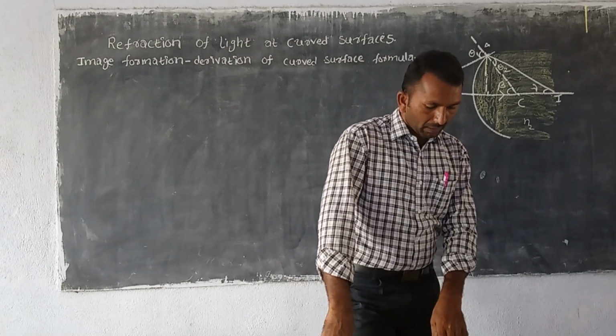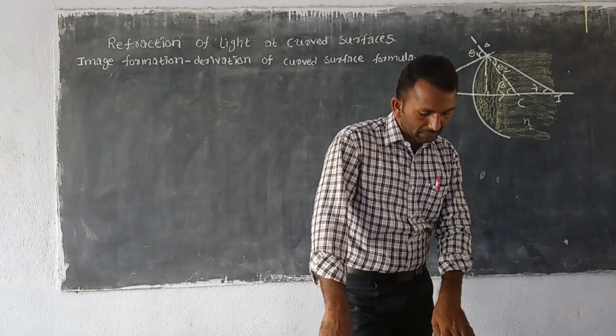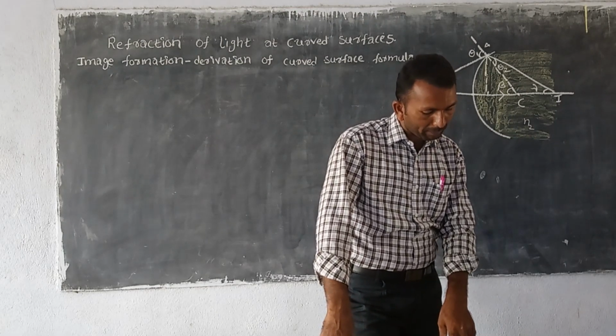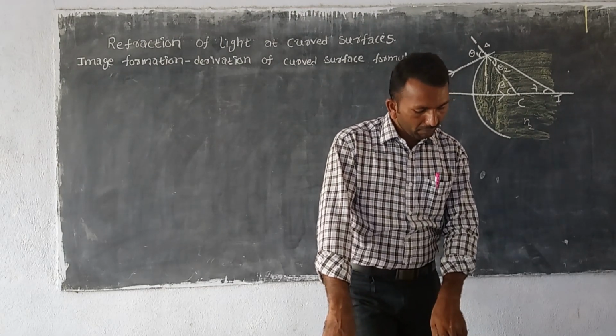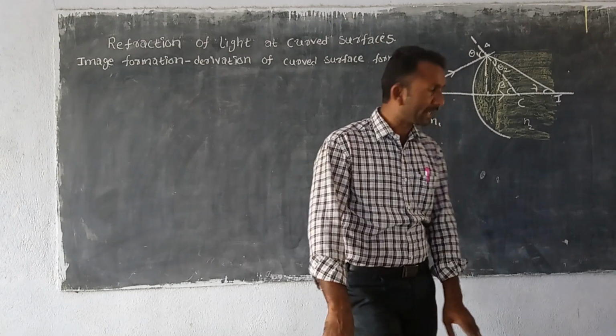From the figure, PO is the object distance which we denote U, PI is the image distance which we denote V, PC is the radius of curvature which we denote R, and n1, n2 are the refractive indices of the two media.